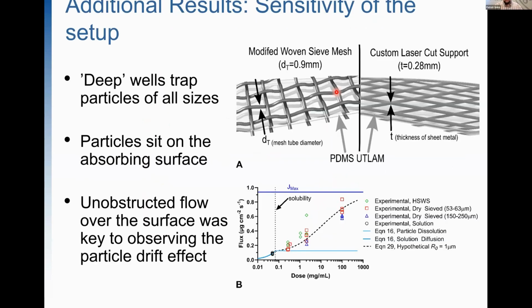And finally, I wanted to talk about an interesting observation that occurred during the development of this diffusion cell to test this model. So the final diffusion cell used this laser cut support system where we took stainless steel sheets and cut out a grid pattern and sandwiched our very thin membrane between the two to create a very sturdy support for this very thin polymer membrane.